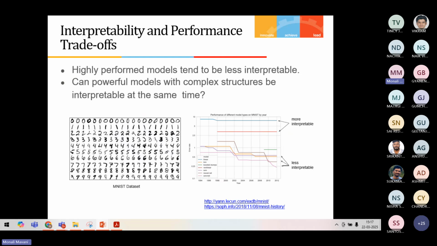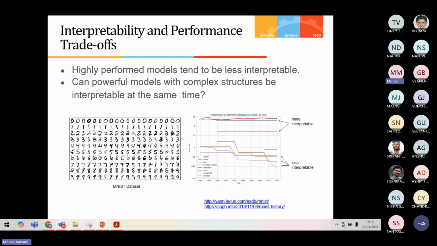So there is always an interpretability and performance trade-off. The very simple algorithms like linear regression, you can see later on. As the model is more interpretable, the error rate is high.